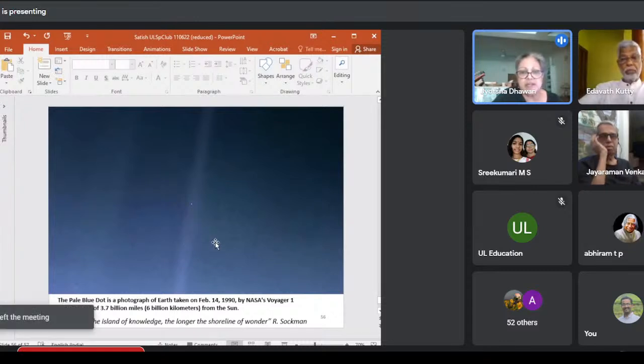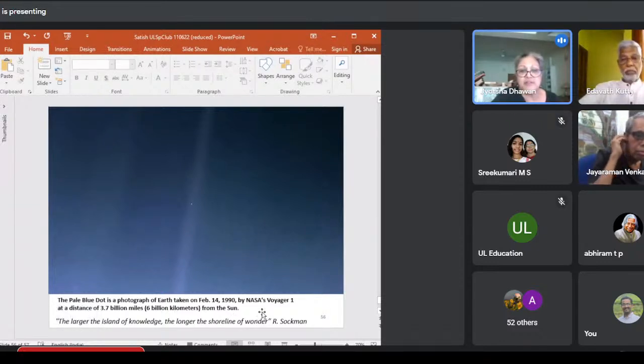The pale blue dot in the center of the screen is a photograph of Earth which was taken on February 14th, 1990 by NASA's Voyager 1 at a distance of 3.7 billion miles from the sun.